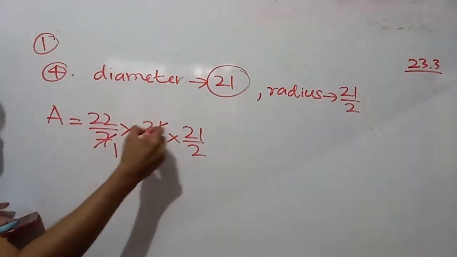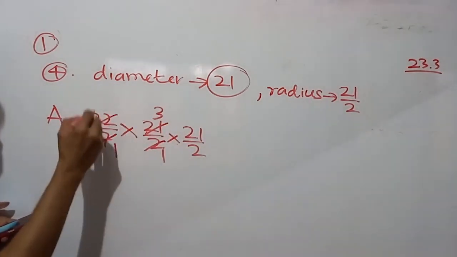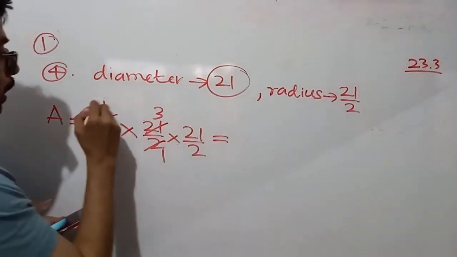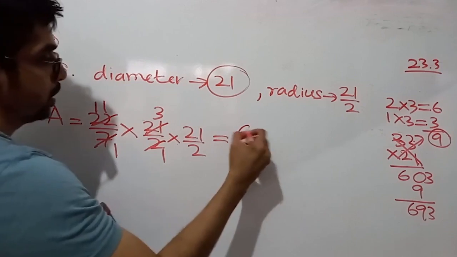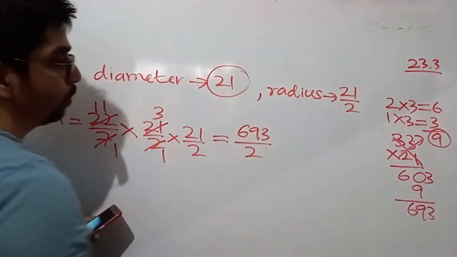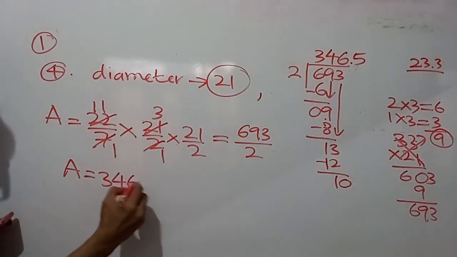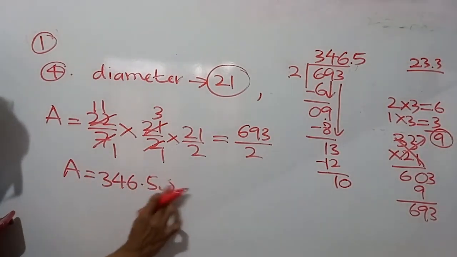So 7 times 1, 7 times 3, 2 times 1, 2 times 11. Now how does it stand? 33 into 21, 693. We have to divide that by 2. So the area will be 346.5 square centimeters.